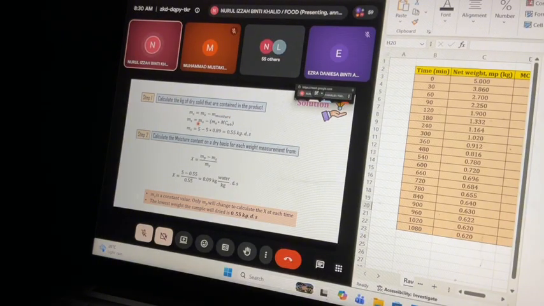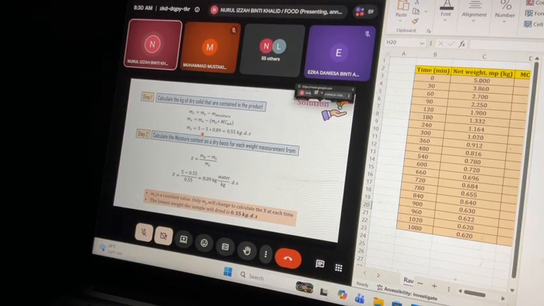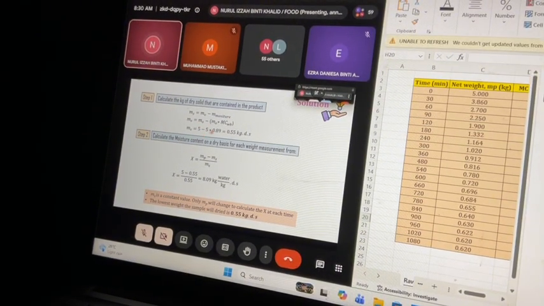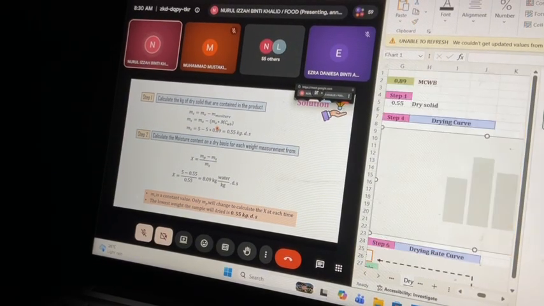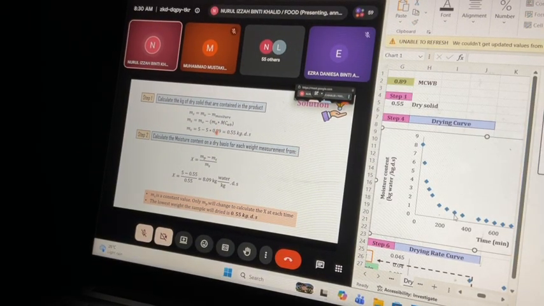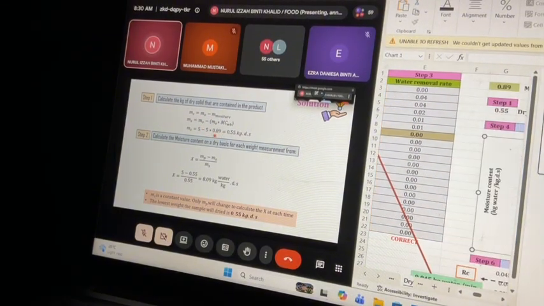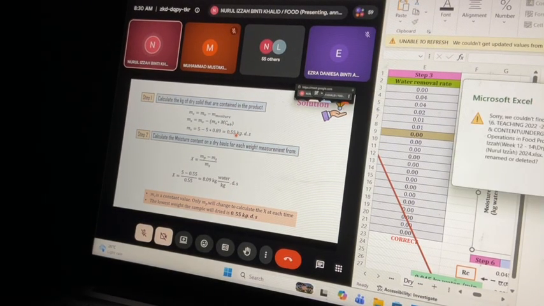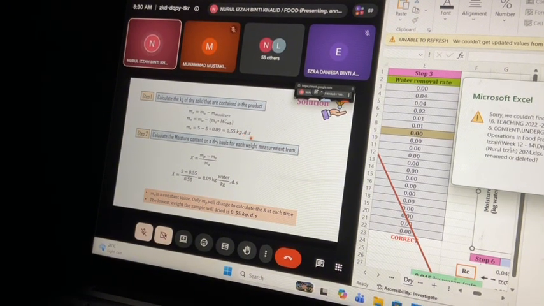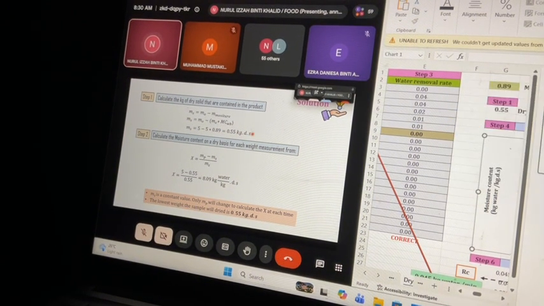The initial mass is 5 kilogram, minus 5 kilogram multiplied by 89% moisture content, because from 5 kilogram the moisture content is 89%. The remaining is solid, so you get the answer 0.55 kilogram dry solid.